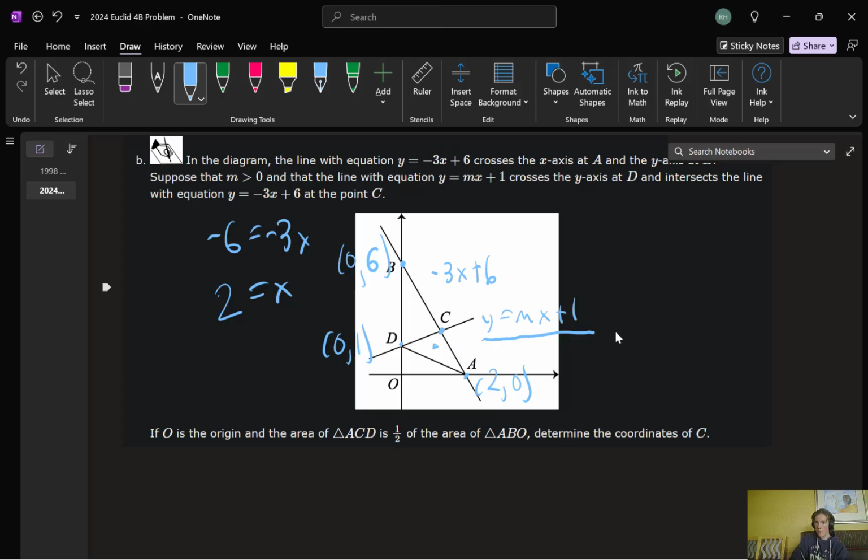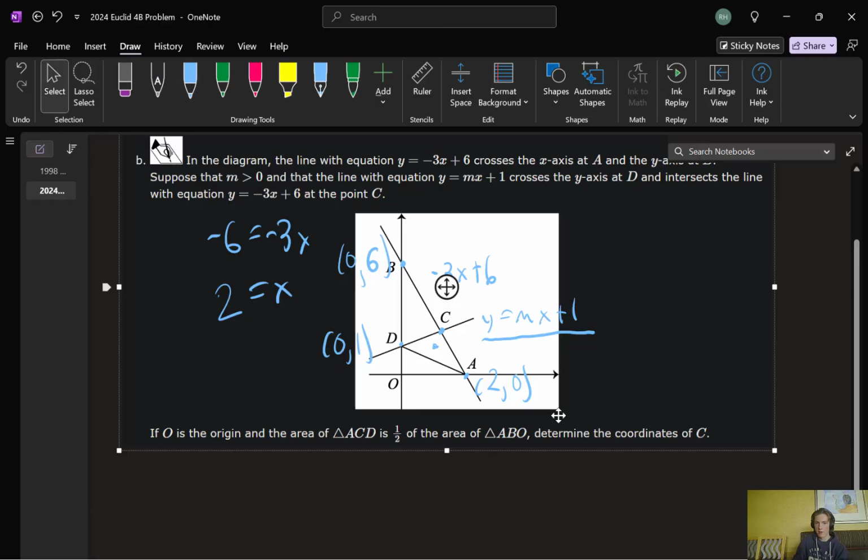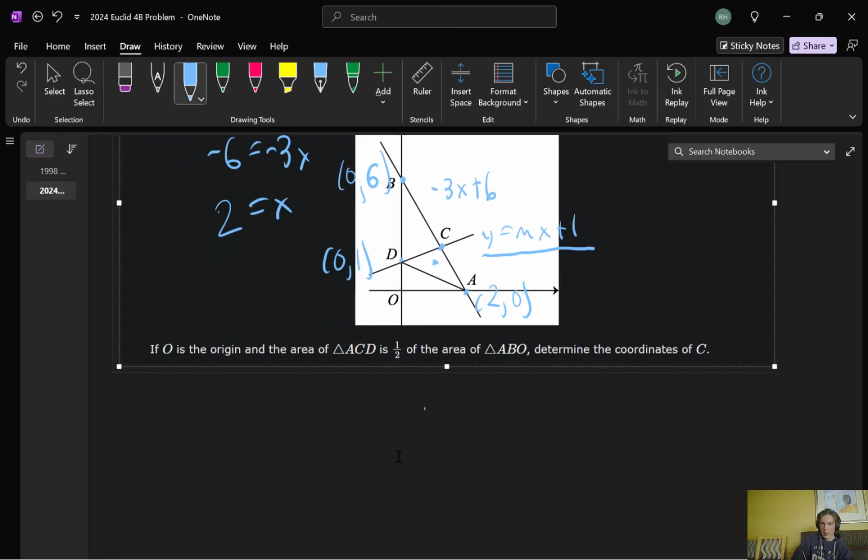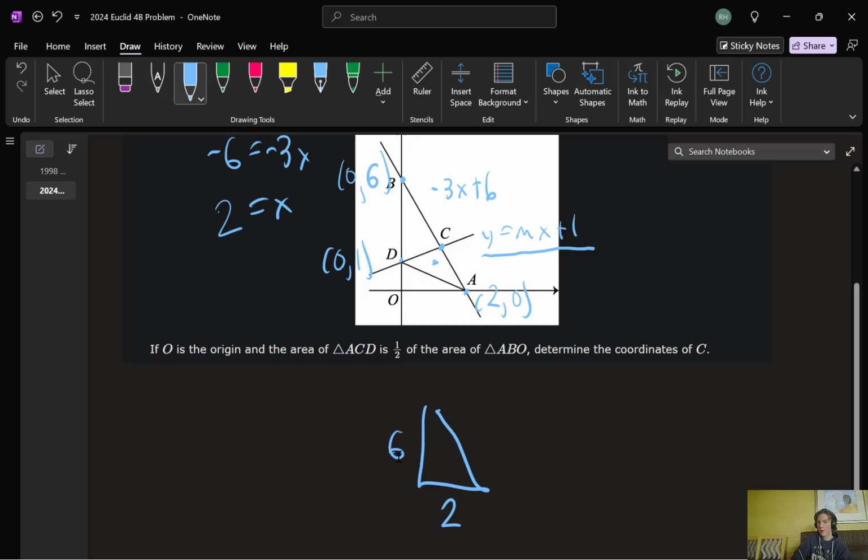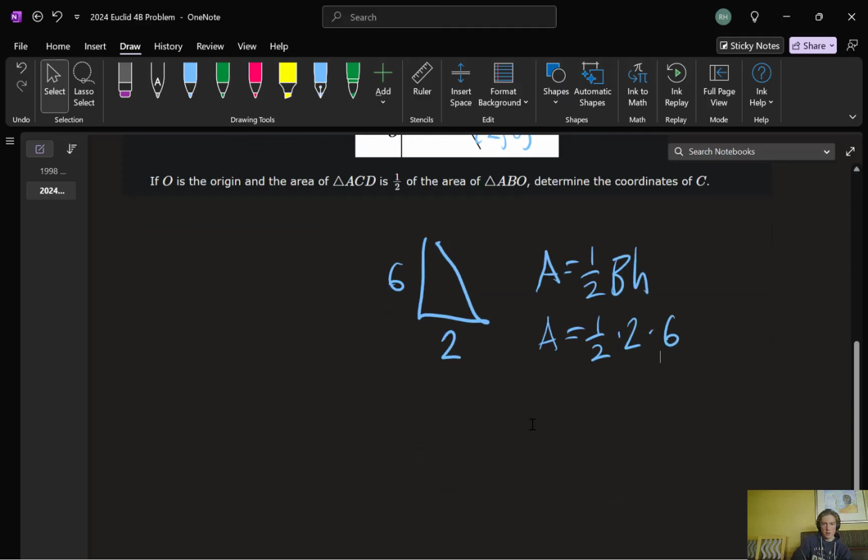Well, since we know the base of this relatively massive triangle is going to be 2 and the height is going to be 6, we can find the area of the whole triangle. The area of a triangle is 1/2 base times height. Area equals 1/2 times 2 times 6. The 1/2 and the 2 cancel out, so we're left with area equals 6.